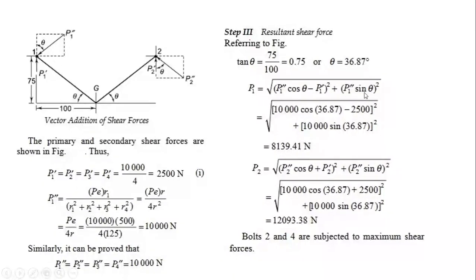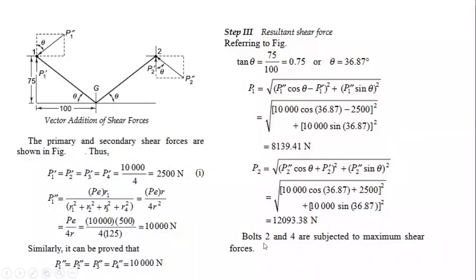Apply all those values here, and we get the shear force at bolt 1, P1, then P2. Similarly, we can apply the values to this formula. This value is 12,093. This value is 8,193.